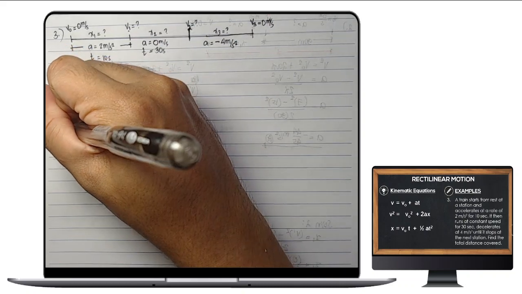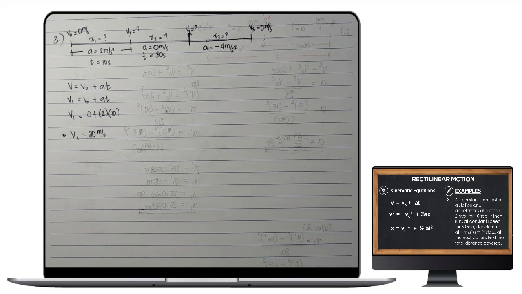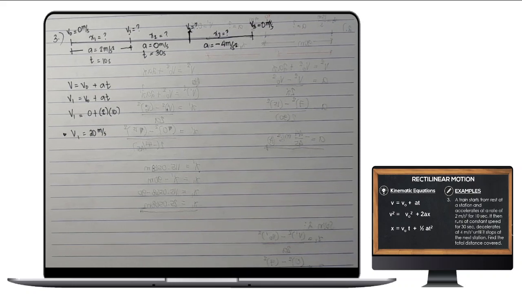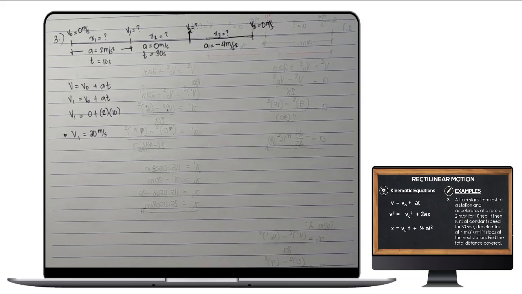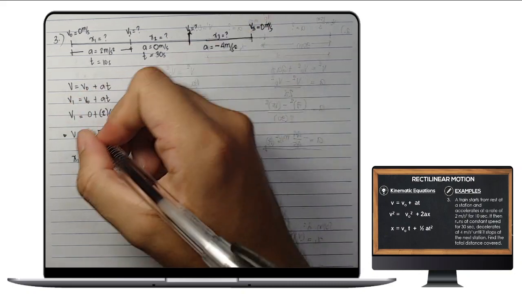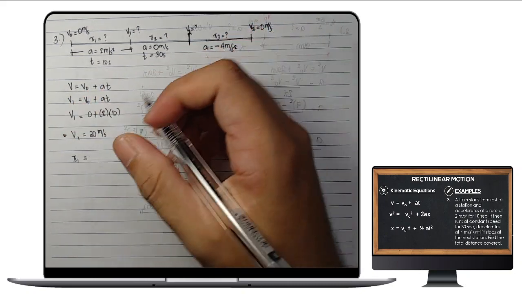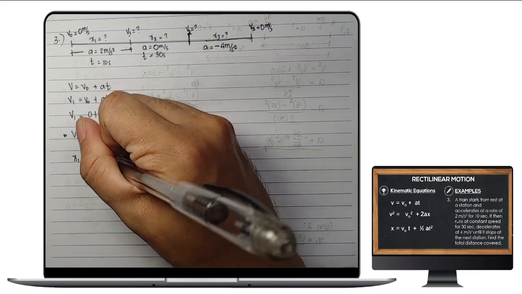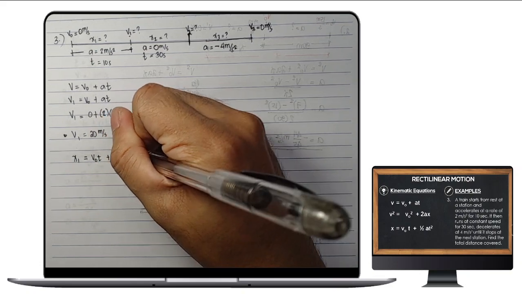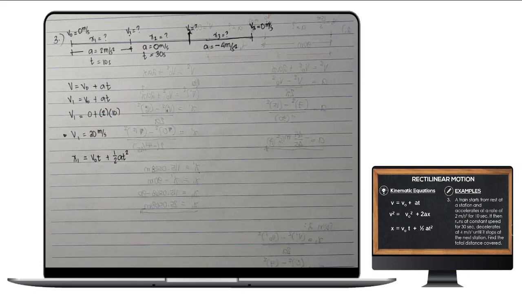Okay? Gamitin natin yan mamaya. Then, using equation number 3, or you may use equation number 2, but I will use equation number 3 because based on the given, I have the initial velocity, the time, and the acceleration. Just in case mali yung kuha ko ng v1, at least may itama ko si x sub 1. So, to find x sub 1, that is vo times t plus 1/2 acceleration times time squared.